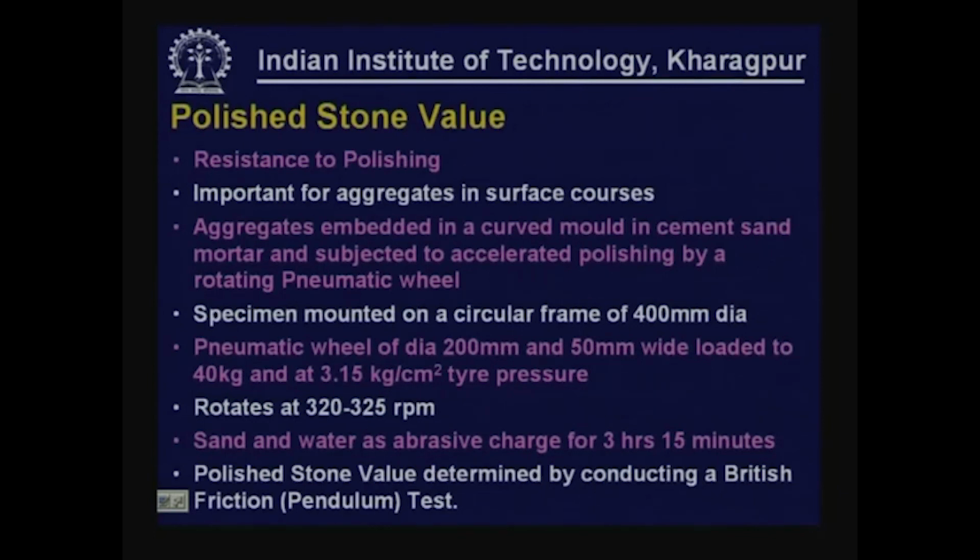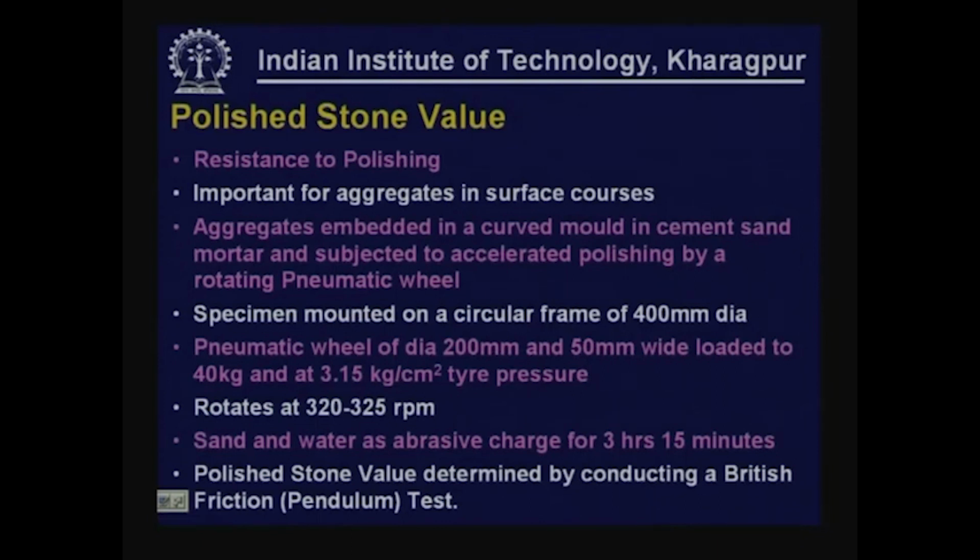The specimen is mounted on a circular frame of 400 millimeter dia, with a pneumatic wheel of dia 200 millimeter and 50 millimeter wide, loaded to about 40 kg and at 3.15 kg per centimeter square tire pressure, which acts on the aggregates mounted in the mold, and it rotates at about 320 to 325 rotations per minute.